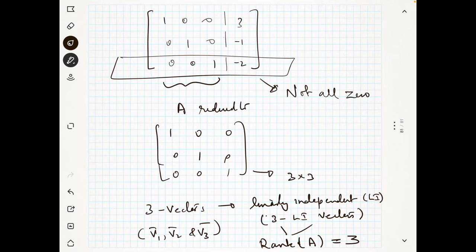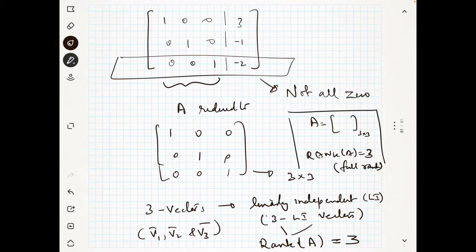A was a 3 by 3 matrix and the rank of A is also 3, so we say it is a full rank. That means it has the rank same as its dimension, 3 by 3. So this is the concept of linearly dependent and linearly independent.